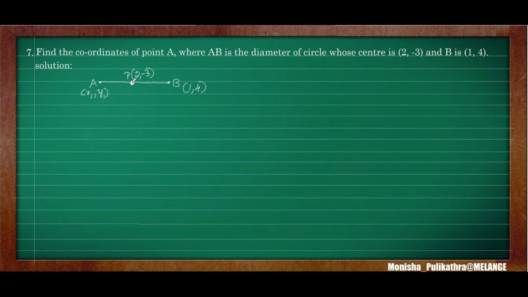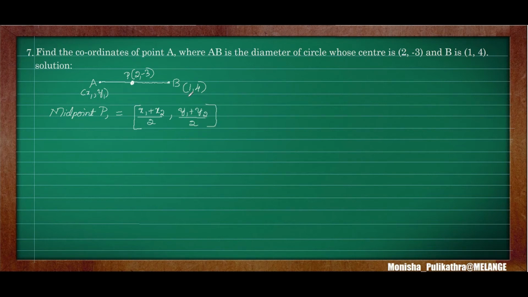So if a midpoint is given, we can introduce the midpoint formula. Midpoint P is given here. The value is (2, -3). I will write the formula first. So midpoint P is equal to ((x1 + x2)/2, (y1 + y2)/2).